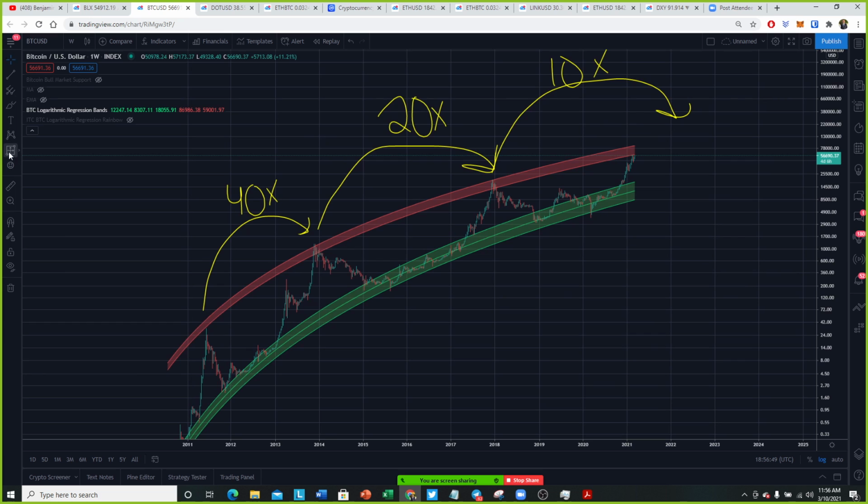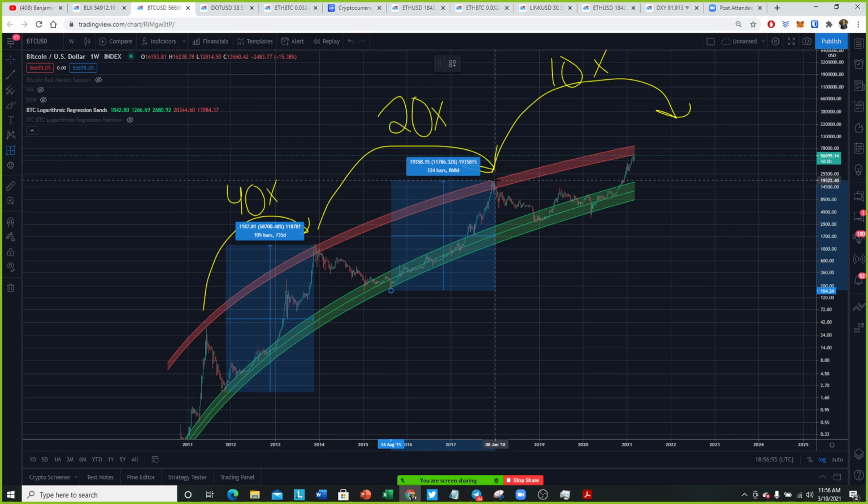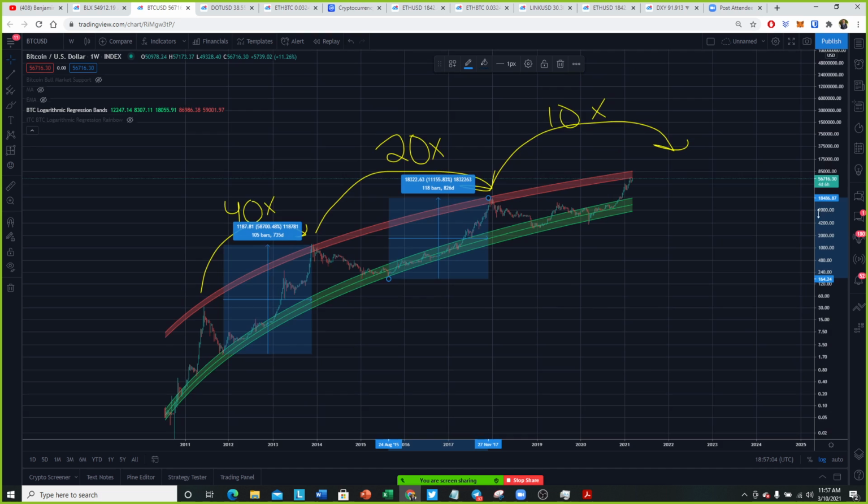And then if you also measure it the other way, if you look at each cycle, bottom to top, we can see that it's decreasing each and every time in terms of the percent move, right? This one was 58,000%. This one was a modest 11,000%.